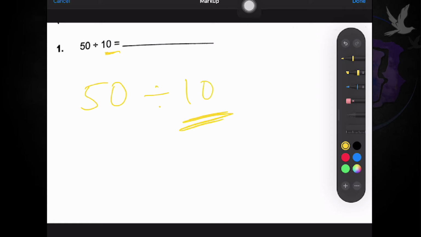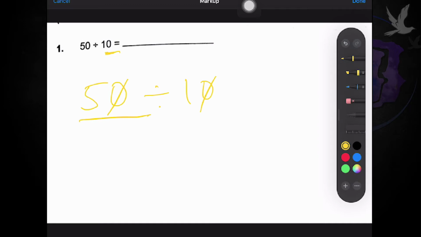You don't start from the dividend, you start from the divisor. Again, for example, 50 divided by 10. All you have to do is cancel the 0 from 10, and noting that you canceled only one zero, you should also cancel only one zero from our dividend, which is 50.